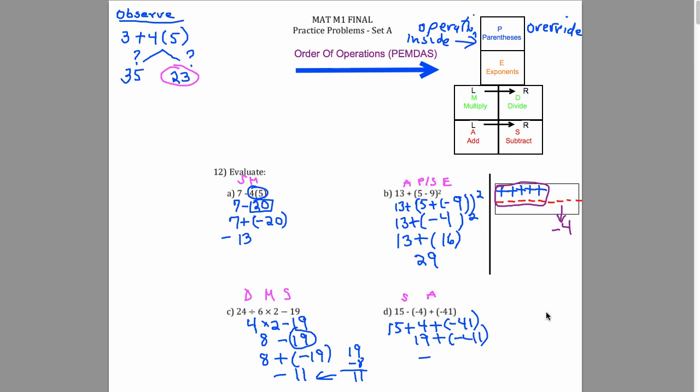How do you determine how much more of something you have than of something else? You subtract them. Just like we saw in part C. So we'll go 41 take away 19. And you'll see that here we get 22. So we have 22 more negatives than positives. And so the answer for part D is negative 22.